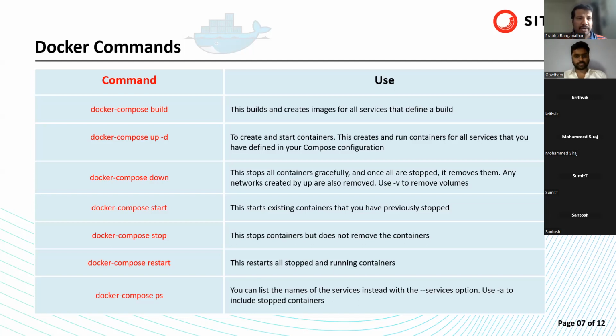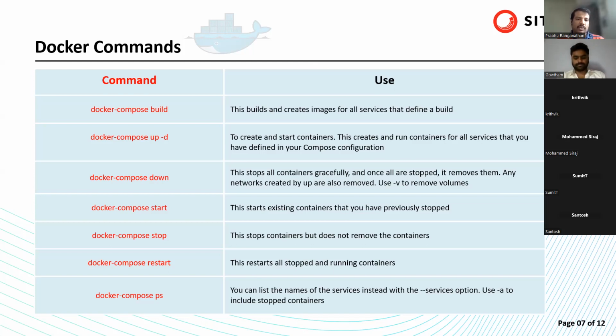You have the image right now, and based on the image, you have to create the containers. So for that, you run this command, up -d. It creates and starts containers, and whatever configurations you mentioned, based on that, the containers will get created. That's how this command works.